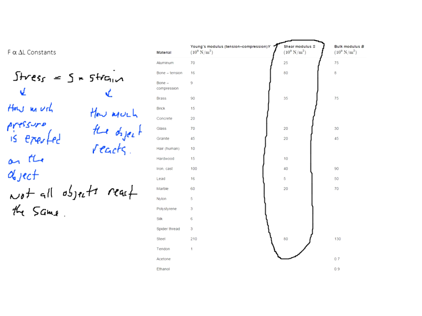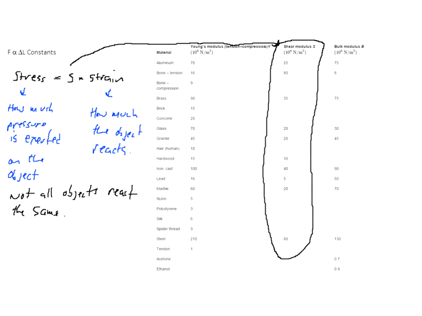So S is called the shear modulus. And it's interesting that Young's modulus, which is how much something reacts under pressure, being stretched or being compressed, doesn't necessarily correspond hand in hand with the shear modulus, how much it bends, basically.